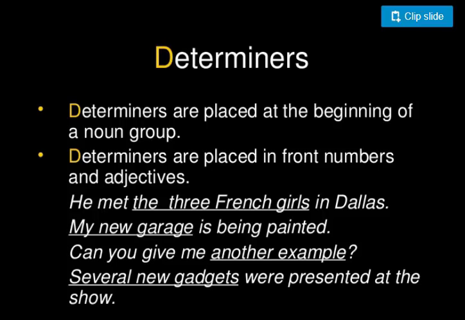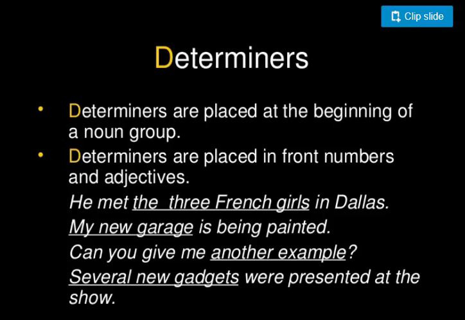In the three French girls, three is the number, French is an adjective, and girls is the noun, so it becomes a noun group. What is the determiner in this noun group? In the three French girls, the is the determiner.